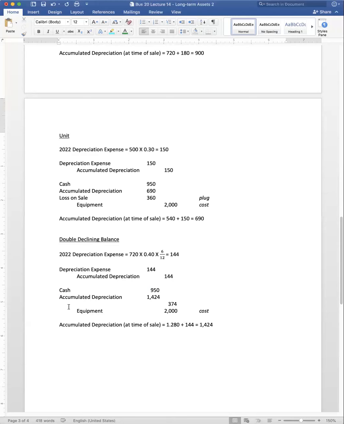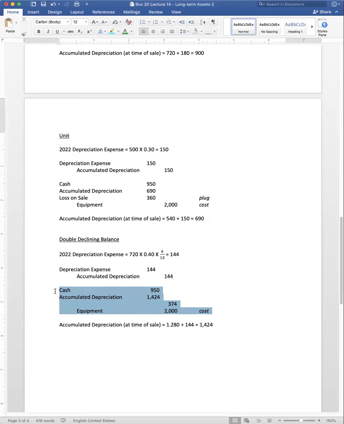Now, we are going to have something in here, and it's going to be either a debit or a credit. Which one, a gain or a loss? Well, we know it's a credit, right? And on the income statement, credit is the same direction as revenues. And so that means we're going to have a gain.